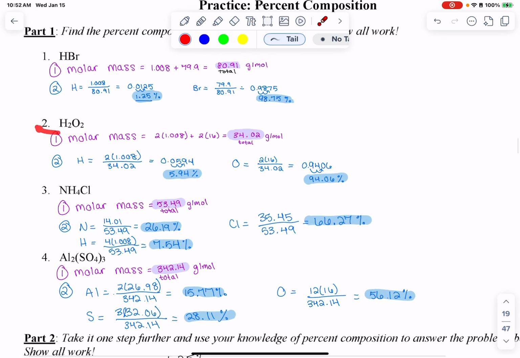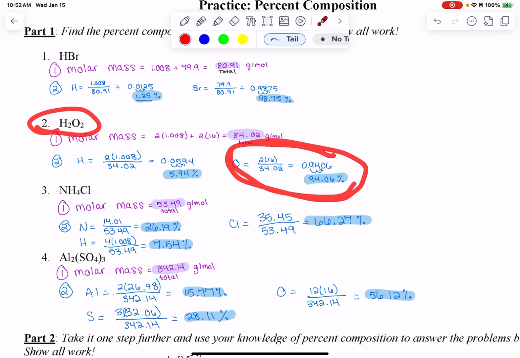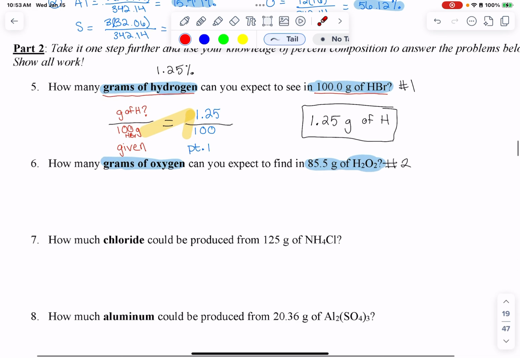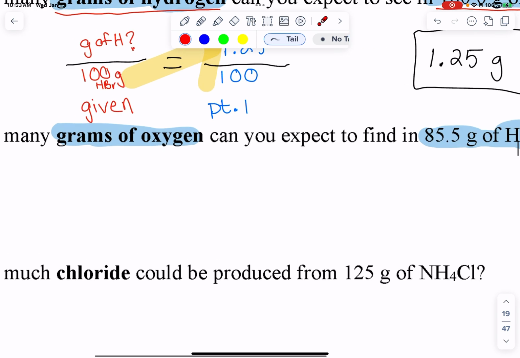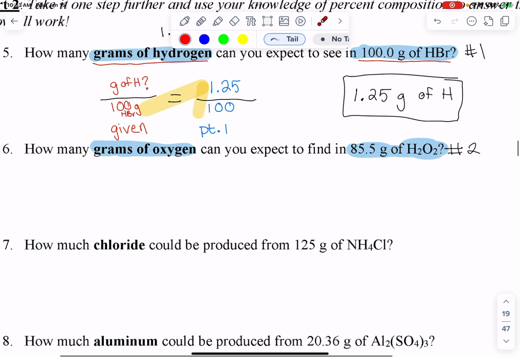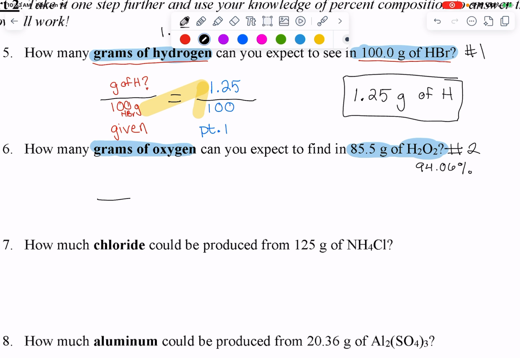Problem number 2, H2O2, I know that oxygen is a total of 94.06%. So I'm going to write that down here so I can remember that number. I know it's 94.06%. But how many grams can that percentage give me? So let's go ahead and set up our proportion.